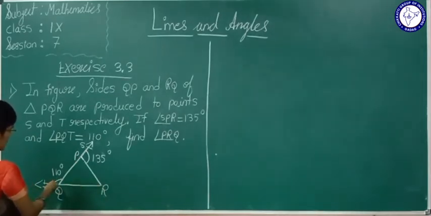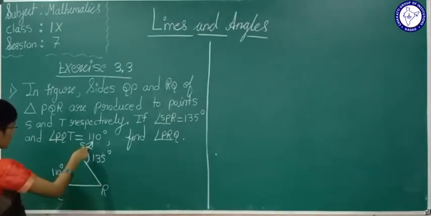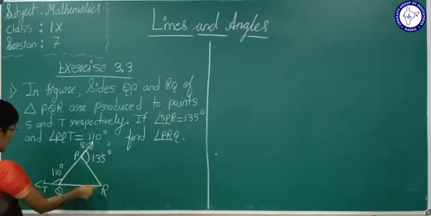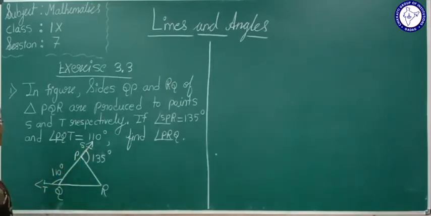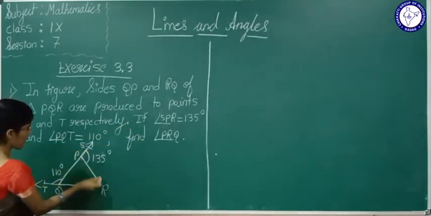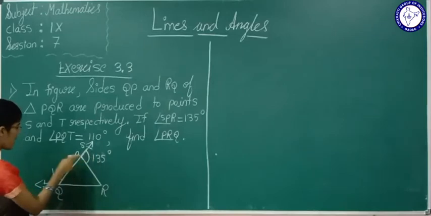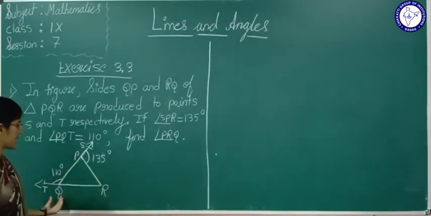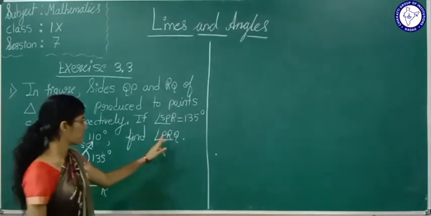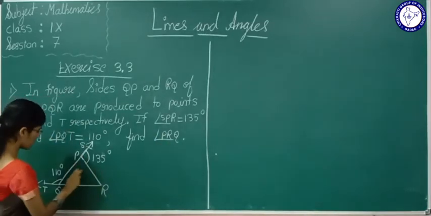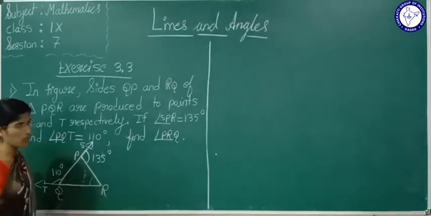Here the side PQ is produced to point S and side QR is produced to point T. They have given angle SPR is equal to 135 degree and angle PQT is equal to 110 degree. We have to find out the value of PRQ.